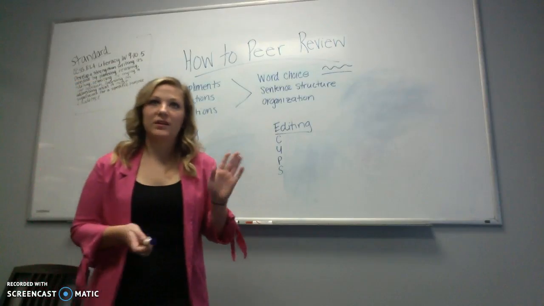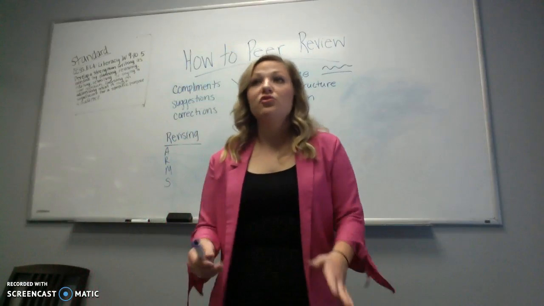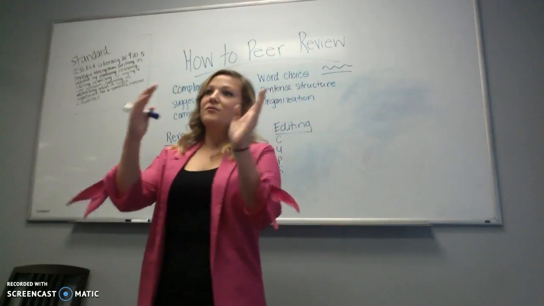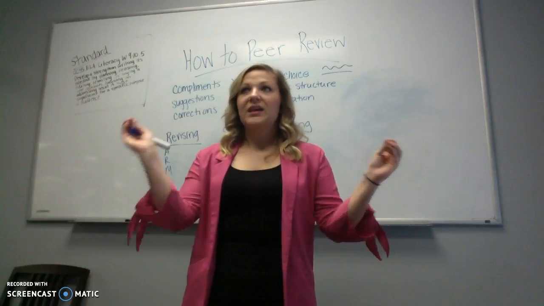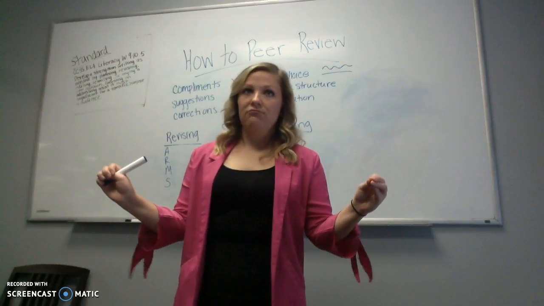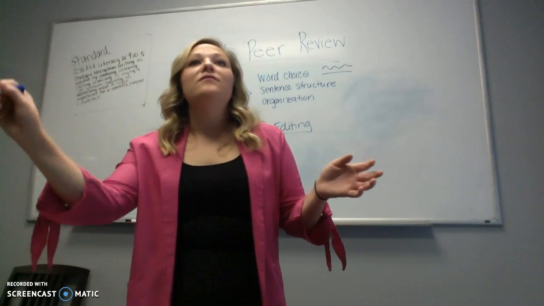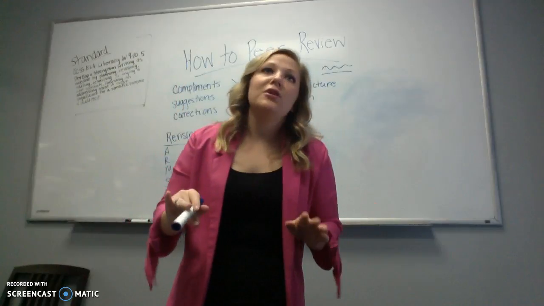Sentence structure. That is, is my sentence structured properly? Which sounds kind of silly, but true. So, is my noun, subject, verb, adverb, adjective, are they all in the right order? Is my sentence structured properly? Okay, so that comes with, is my adjective modifying the right noun? Is my adverb modifying the right verb or adverb?